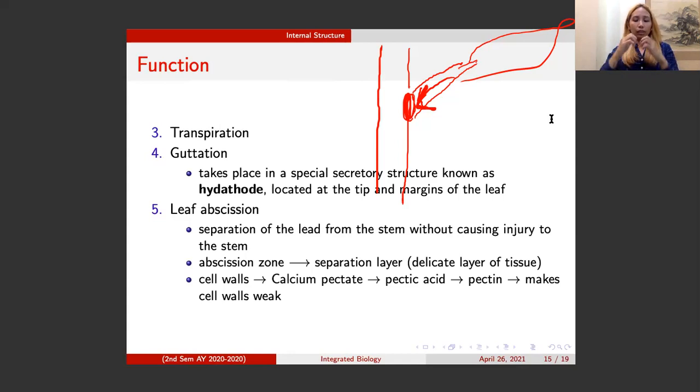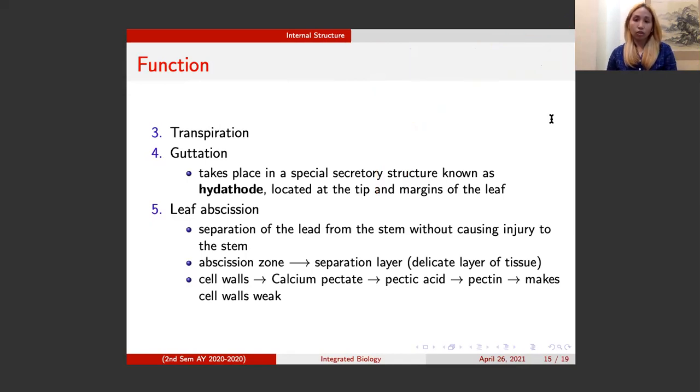Once that happens, the leaf now has a weak attachment to the stem. And as the cell walls weaken, the cells die. So once the cells of the separation layer die, that leaf will abscise from the stem, right? And that's how leaf abscission basically happens.